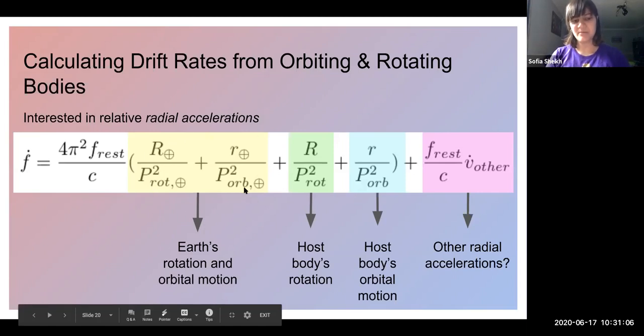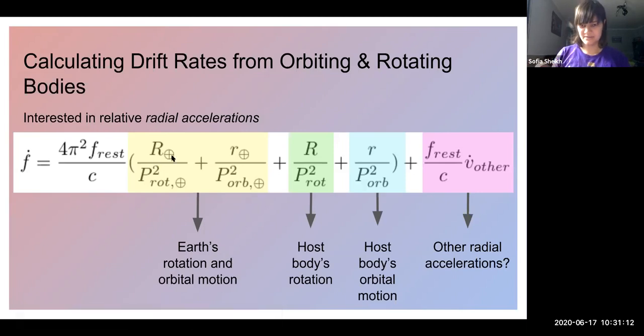So these ones in the yellow box are from Earth's rotation and orbital motion. And those ones we know. We know our telescope is at this latitude, we're pointing in this direction, and Earth is rotating this way. So there's this relative acceleration. I don't want to personally do that calculation, but AstroPy can do it for me. So those terms we don't have to worry about.